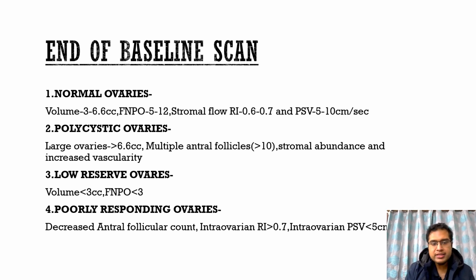Poorly responding ovaries have decreased antral follicular count and intra-ovarian RI is increased more than 0.7 and PSV is less than 5 centimeters per second. This is very important. So here color Doppler is of utmost importance to label the ovaries into one of the categories. And all this can be easily done in a TVS more than a TAS.